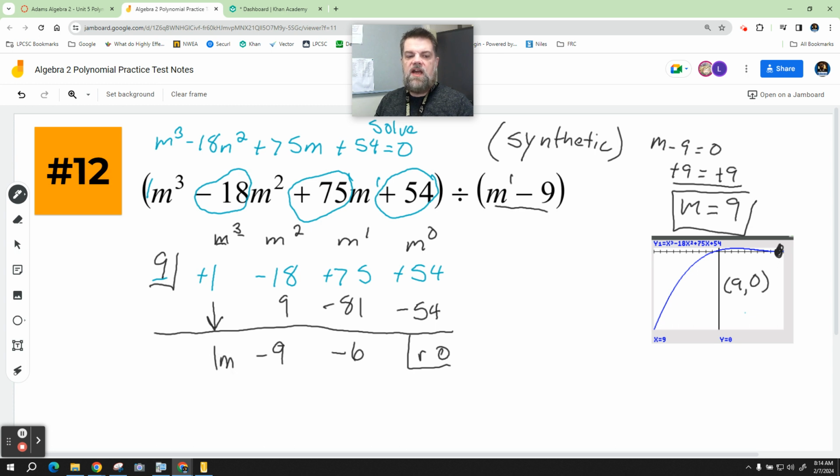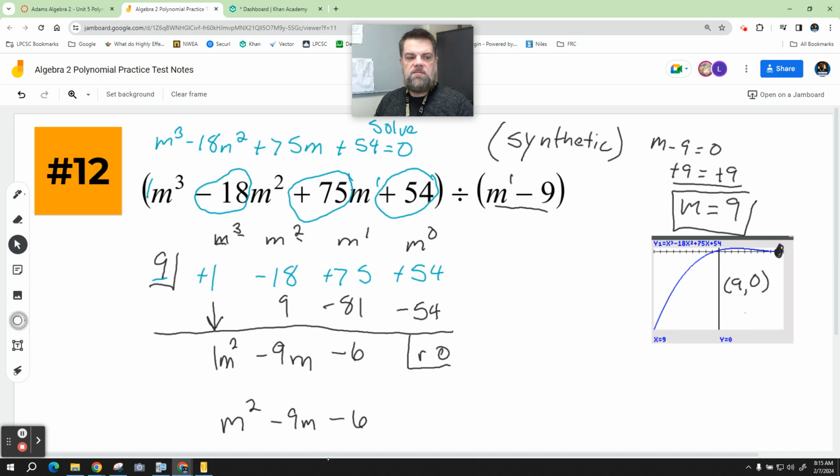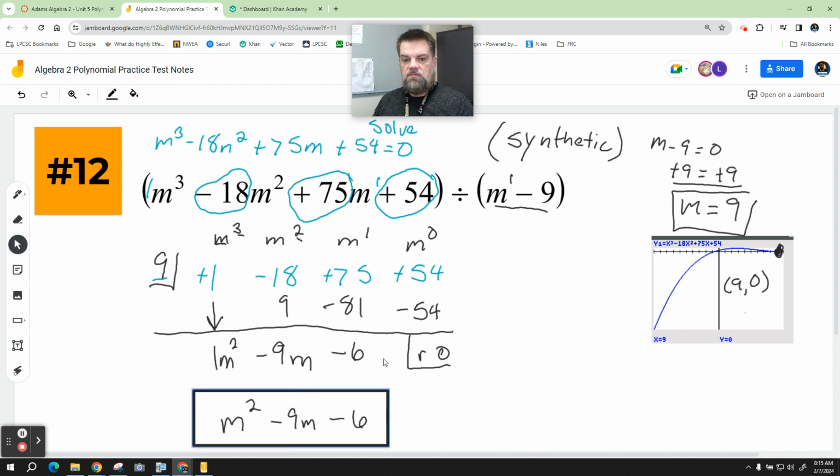So it should be 1m squared. This drops down 1, which is 1m. So our final answer is m squared minus 9m minus 6. And that's it, synthetic division.